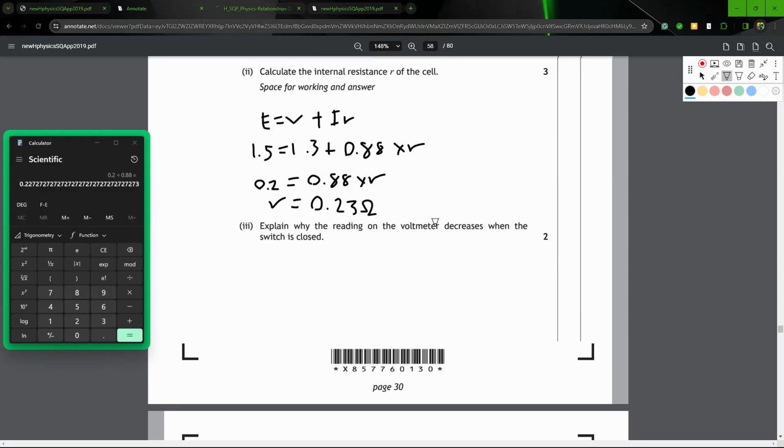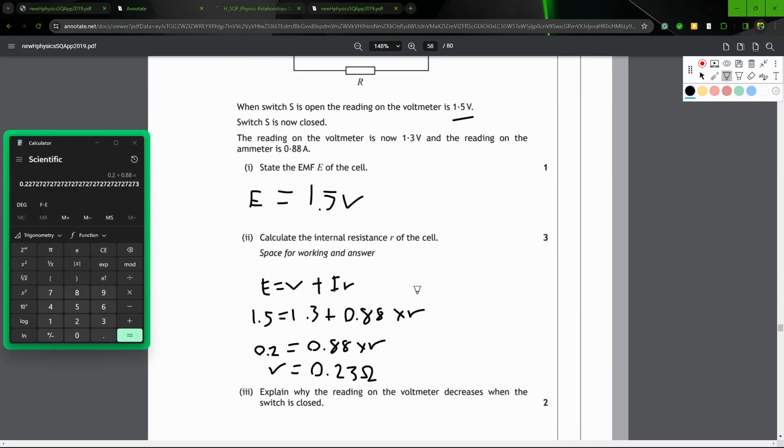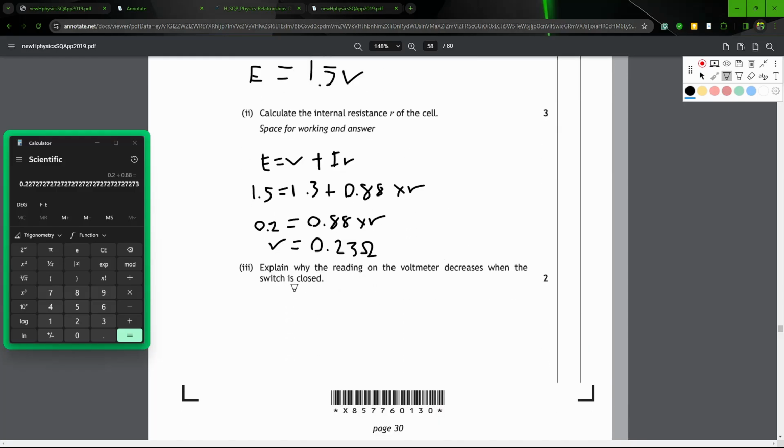Explain why the reading on the voltmeter decreases when the switch is closed. Because closing the switch allows current to flow. Let's see if we can spell circuit correctly. Probably not.